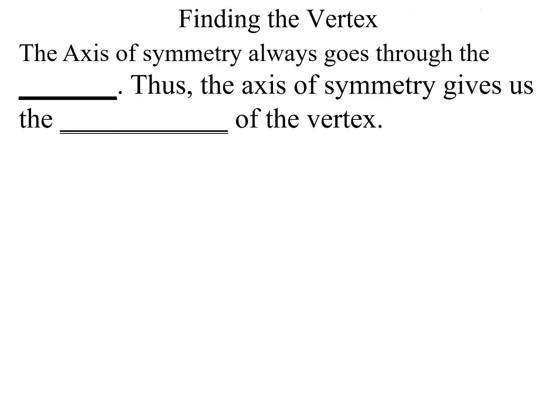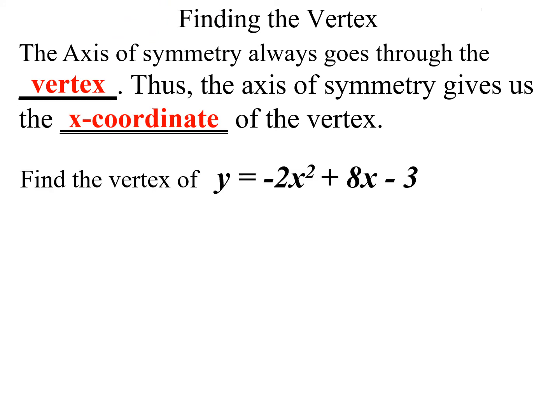So in here, we are going to find the vertex. The axis of symmetry always goes through the vertex. Thus, the axis of symmetry gives us the x-coordinate of the vertex. So let us find the vertex of y equals negative 2x squared plus 8x minus 3.